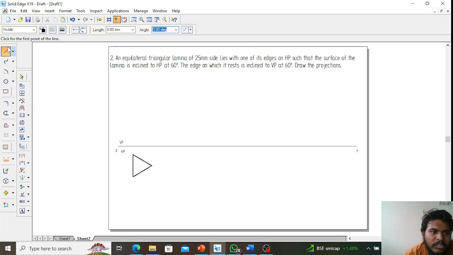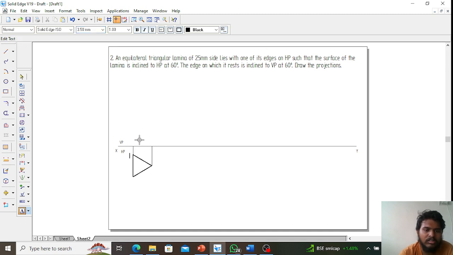Now we will draw projections. So for that I select the line and select 0.13 mm. From this line I need to draw it to XY line. Similarly from this line to XY line. Okay. Now name the corners.